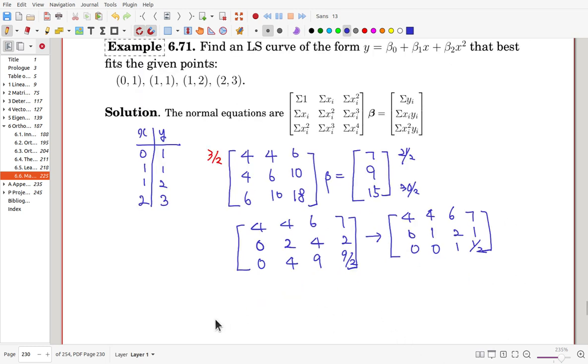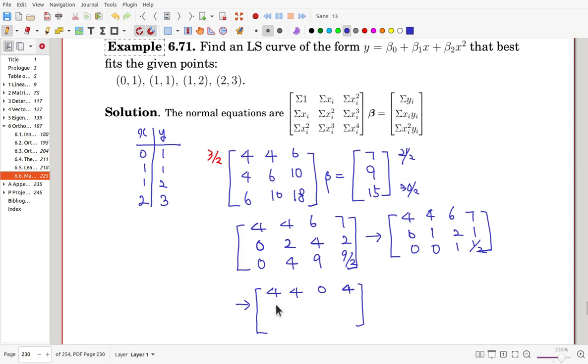Now from this one, we'll try to eliminate these two by using that. 6 times subtraction gives 0, and 6 times 3 is subtracted, so we have 4 here.